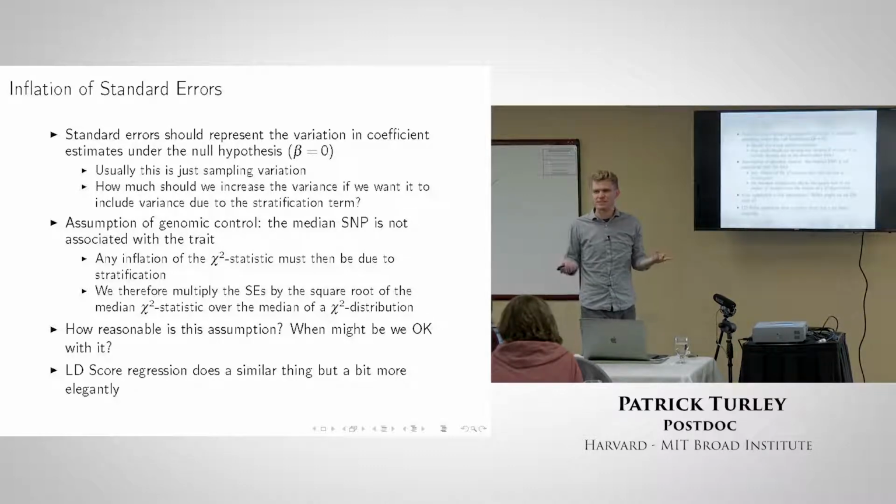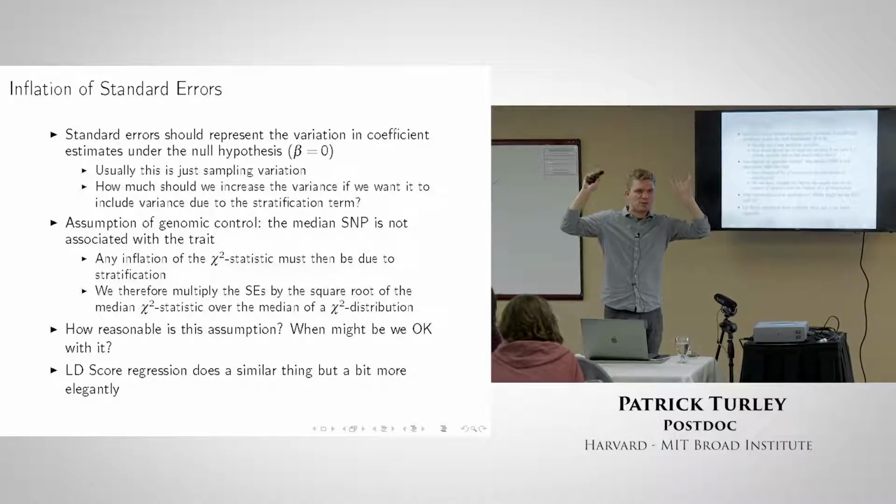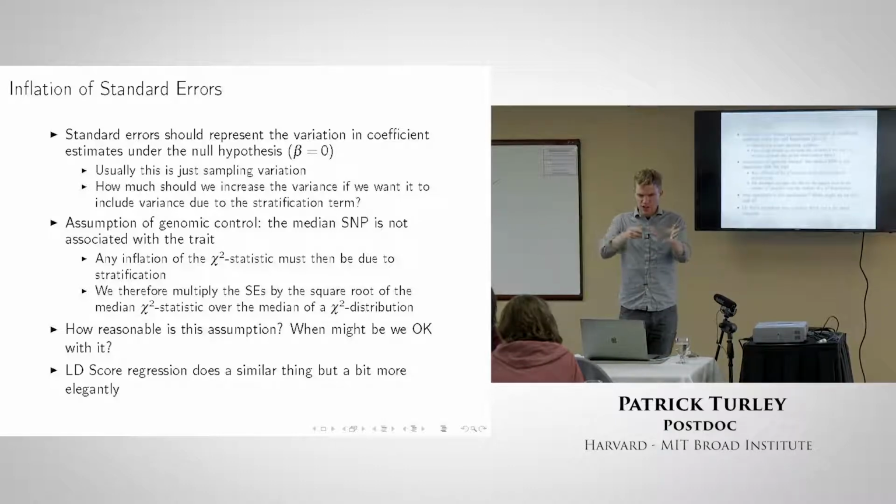For things that adjust the standard error, let's talk about what a standard error is supposed to represent, right? A standard error, at a high level, is supposed to represent how much variation there is in our estimate that's due to stuff that we just aren't interested in. And in most cases, the stuff that we're not interested in is just the sampling variance. We want to know how much our beta is moving around as a result of the sample that we just happen to draw. And so for the most part, that's generally how we think of standard errors.